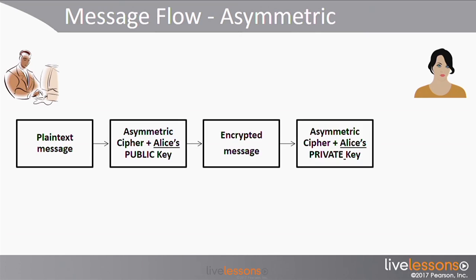Then Alice is going to use the same asymmetric cipher and her private key, because her private key is the corresponding and mathematically related key to the key that Bob used when he used her public key to encrypt the message. So she's going to use her private key and end up with the plain text message. Simple enough. The key to always remember is that you are going to encrypt using the public key corresponding to the private key of whoever owns that key. In this case, that was Alice.